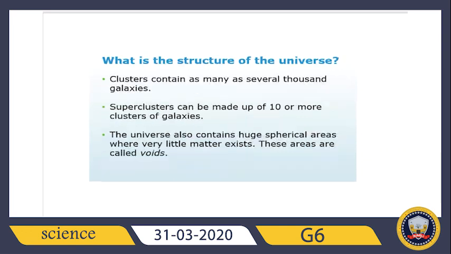Clusters contain as many as several thousand galaxies, while superclusters can be made up of 10 or more clusters of galaxies. There are also areas throughout the universe where very little matter exists. These are huge spherical areas called voids, and it takes light hundreds of millions of years to cross the largest voids.